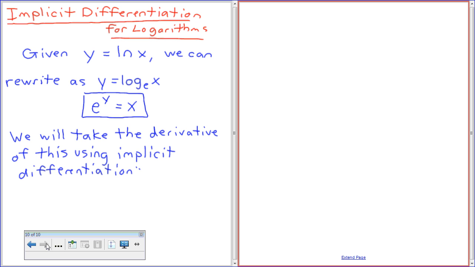What's the derivative of e to the y? ln e, which is 1, times e to the y times dy by dx. Derek is correct. Can somebody explain to me where the dy by dx came from? Because this is really important. Yeah, the derivative of the y just changed to dy by dx.